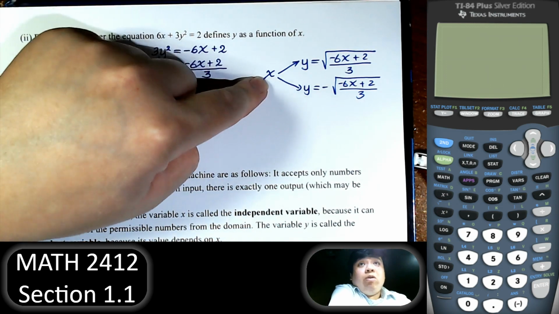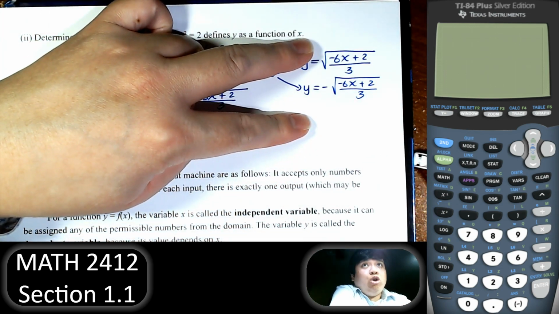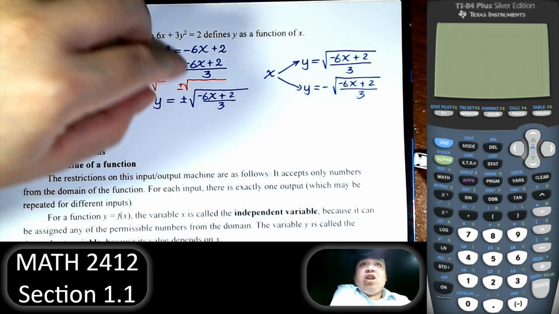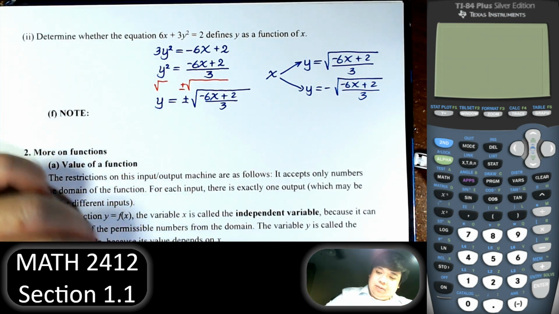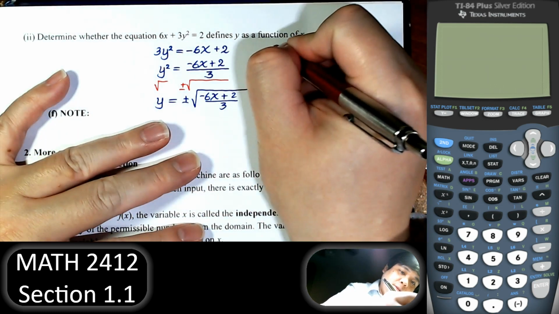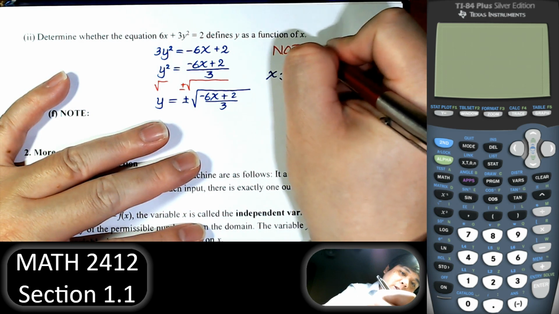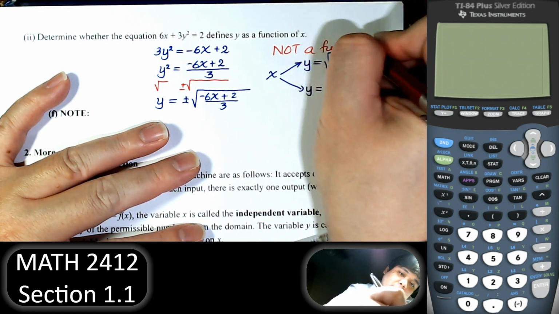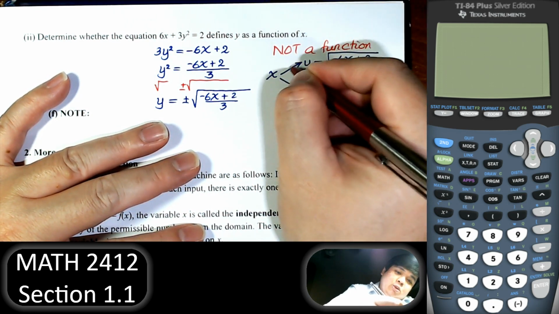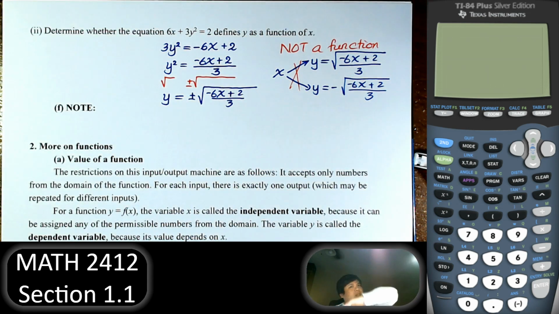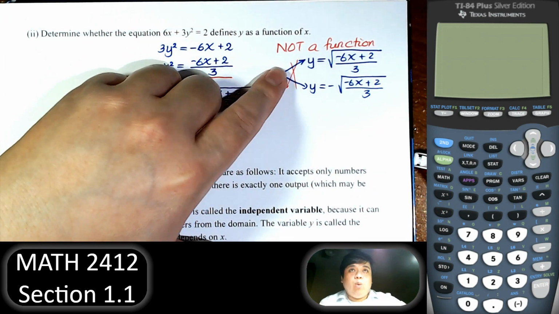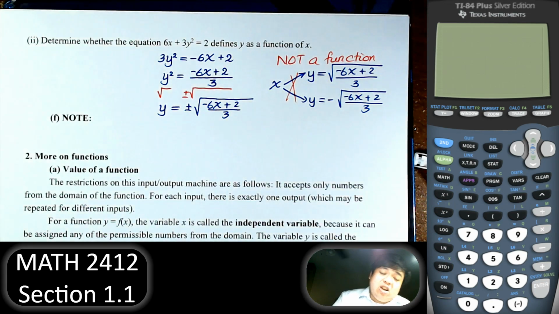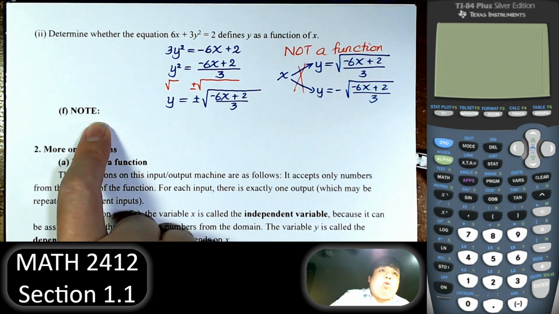So since we have one value for x that corresponds to 2 values for y, this is not a function, because a function cannot have one x that gives two values for y. So I want to write a note here.